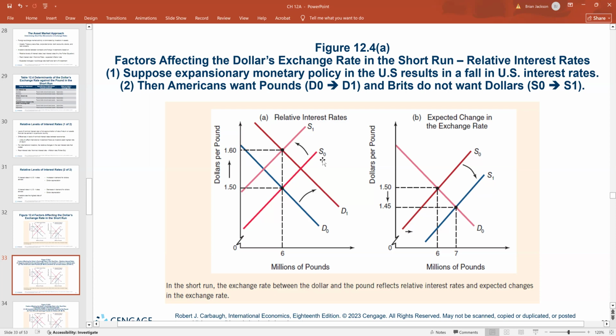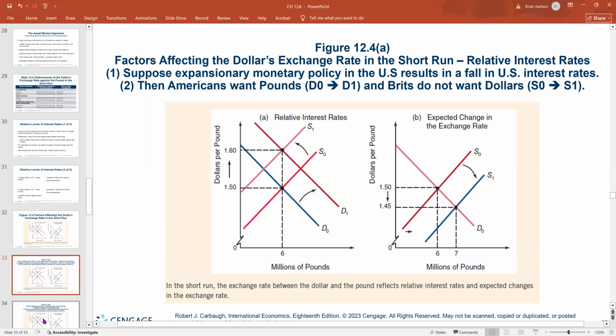They don't want dollars, because dollars are going to lose value because the Federal Reserve said they're going to expand the money supply. So you got a rightward shift in the demand for pounds, a leftward shift in the supply of pounds. So the equilibrium point, which is the price of a pound, dollars per pound, is going to go up. So my question here is, which currency appreciated, which currency depreciated? So the pound appreciated and the dollar depreciated.